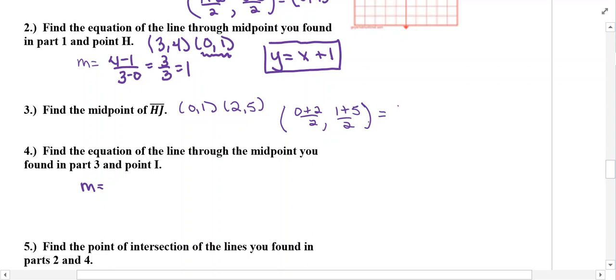That gives us 2 over 2, which is 1. 1 plus 5 is 6. 6 divided by 2 is 3. So that's our midpoint. We want to find the equation of the line through that midpoint that we found, which is (1, 3), and point I, which is (4, 3).